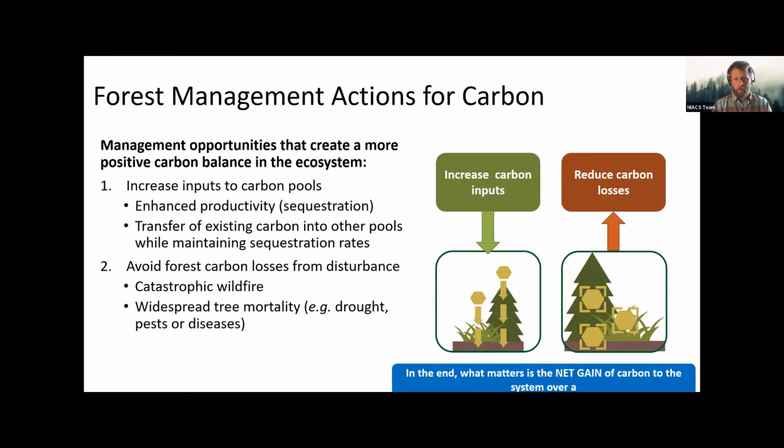And then of course, for reducing carbon losses, that's what a lot of the adaptation focus is on, reducing risks. Those risks represent, in a lot of instances, carbon loss from some kind of disturbance, whether it's wildfire or tree mortality, disturbance-related losses of carbon.